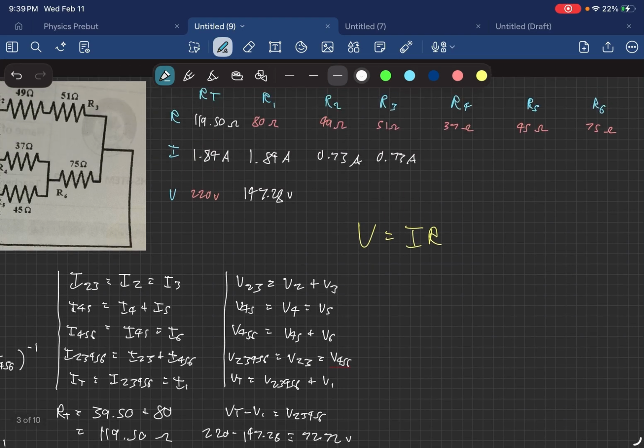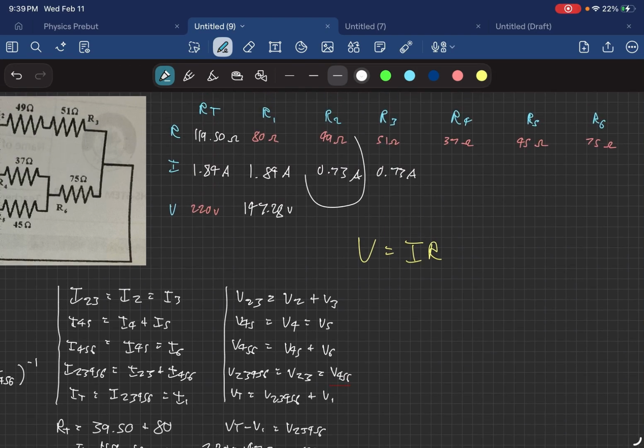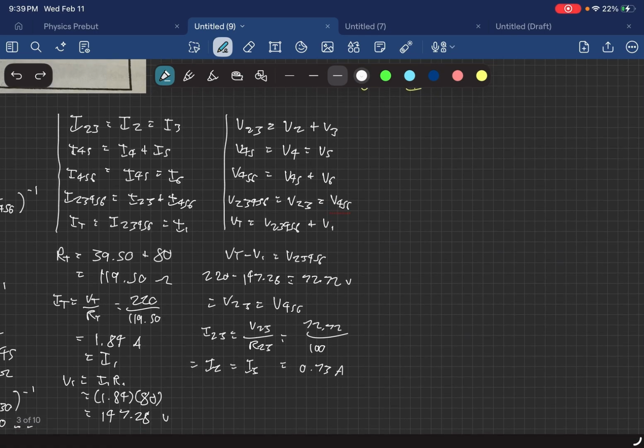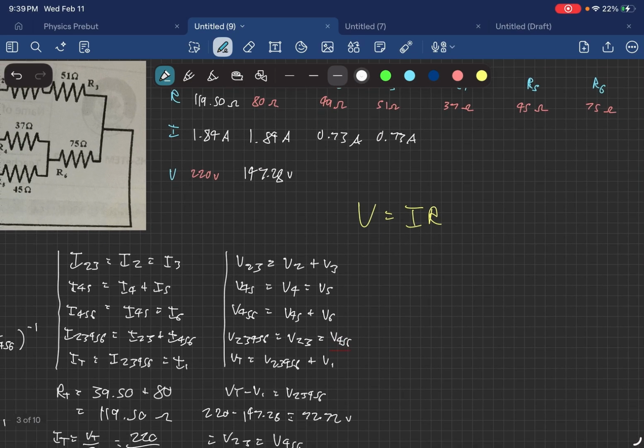And then remember what I said, the trick. This is our voltage, so V2 is equal to I2 R2, and our V3 is equal to I3 R3. So you got 0.73. What is our R2? Our R2 is 49.